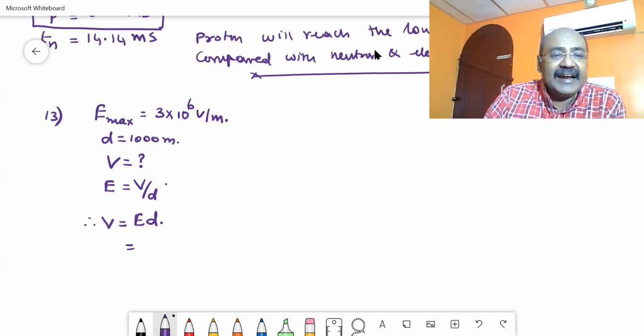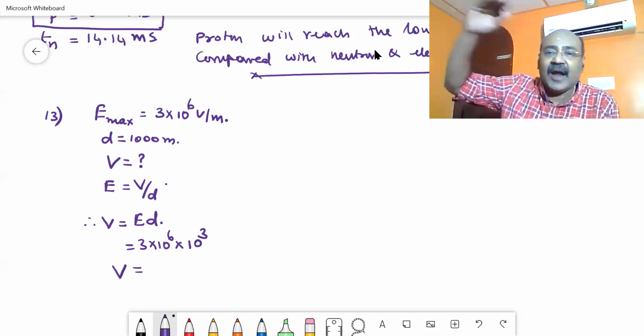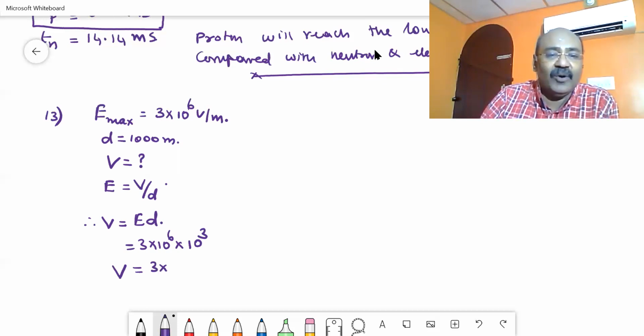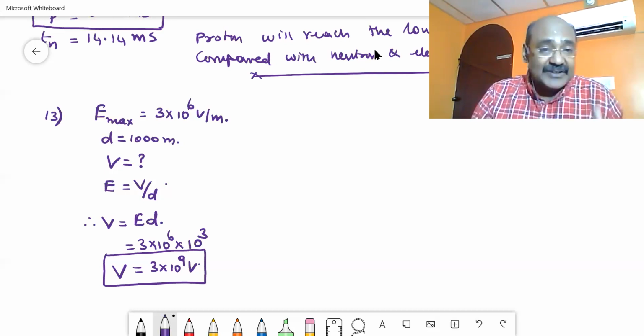It is 3 into 10 to the power of 6, multiplied with the distance. Distance is 1000 meters, so I can write 10 to the power of 3. So the potential difference between the cloud and the ground surface is 3 into 10 to the power of 9 volts. So we have calculated the potential difference between the ground and the cloud. This is the first part.